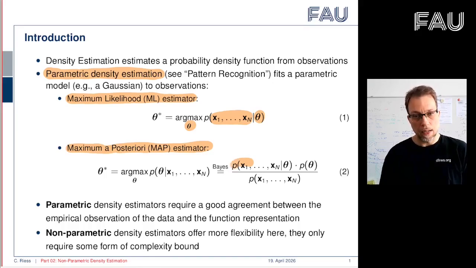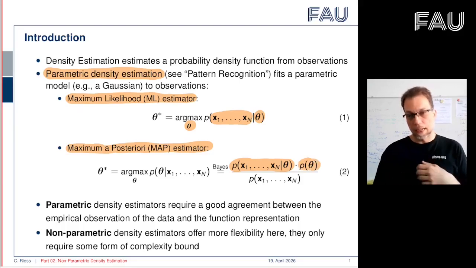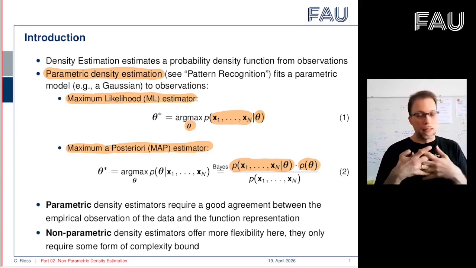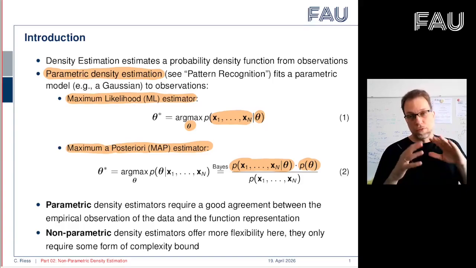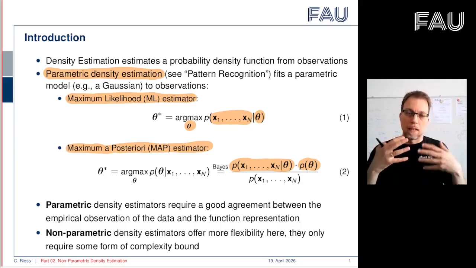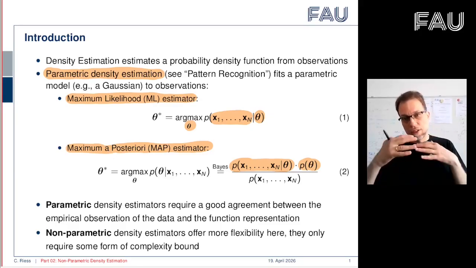So it says, well, okay, I have a likelihood here again that I'm looking at parameters that explain or that somehow come to a good agreement with the n observations that I have, but I'm moderating this by a prior distribution over these parameters, such that, for example, I can influence this model in a certain direction, that I say, okay, if there are, for example, higher order coefficients, lower order coefficients, that I say, well, try to get a good agreement with lower order coefficients and maybe set the higher order coefficients to 0 if you can.